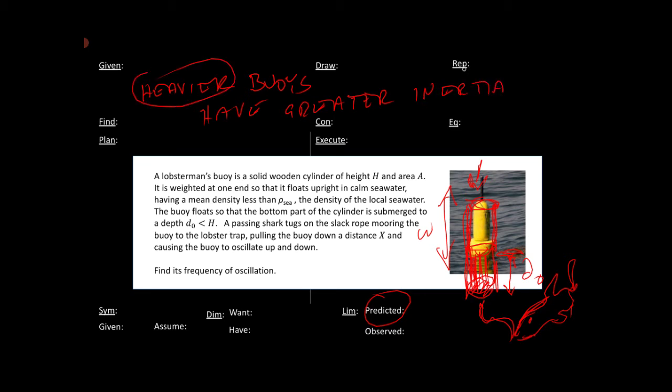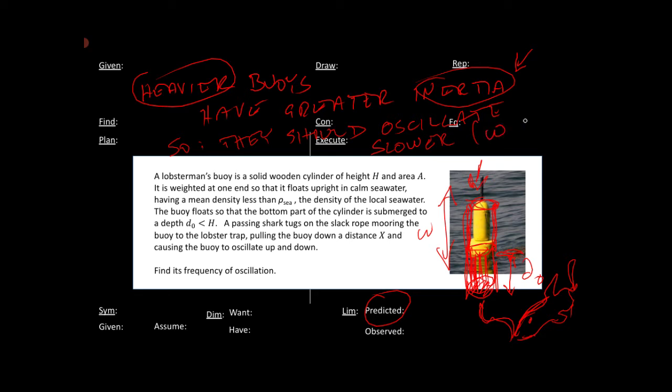Or more weight gives you more inertia. The gravitational mass, the gravitational charge, is the same as the inertial mass in Newton's second law. So they should oscillate more slowly. And that means that frequency is smaller.